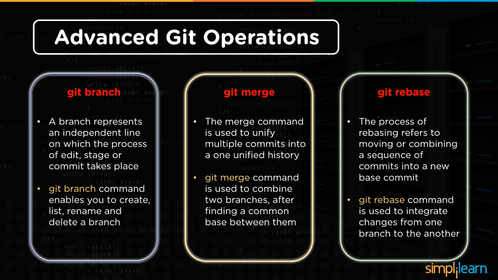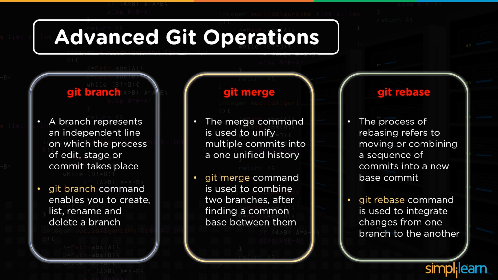Now git rebase is also performed for the same approach, but the process of rebasing refers to moving or combining a sequence of commits into a new base commit. So git rebase does a little bit of restructuring of the commits, and normally the git merge command preserves the specific base commit, and on top of that it can add your commits and do the modifications.